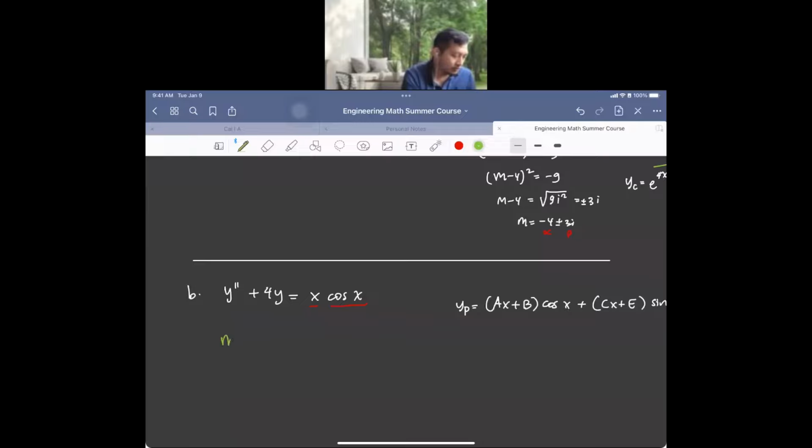So if we check the homogeneous one, m1 and m2, there is no alpha, alpha is 0, so we can write yc is c1 cosine 2x plus c2 sine 2x.